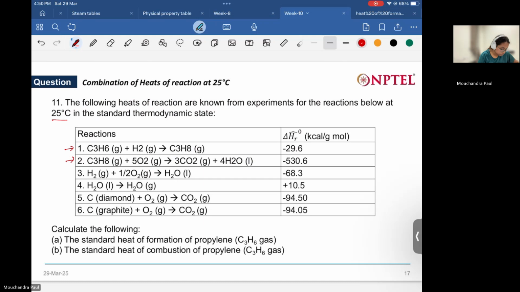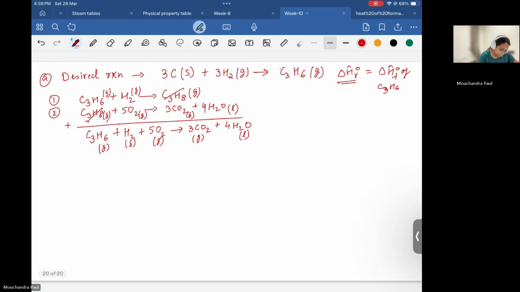So we have to remove this term and this term, right? These two will be there, and we have to also remove this term. This is the desired expression, right?